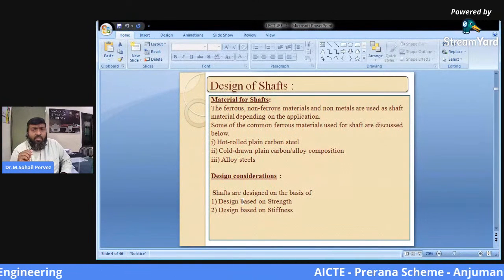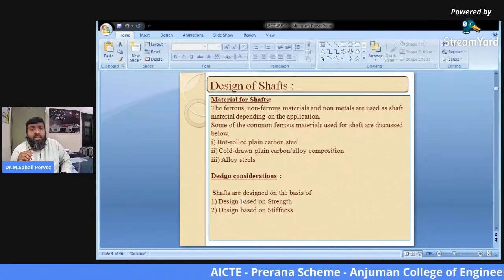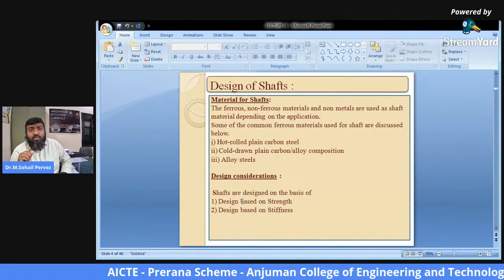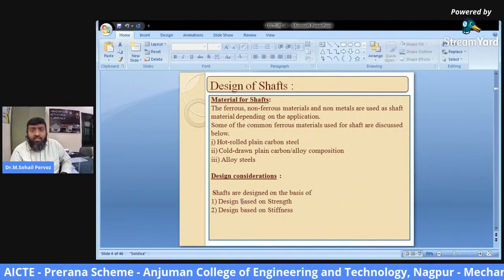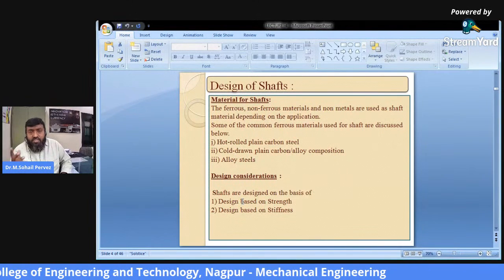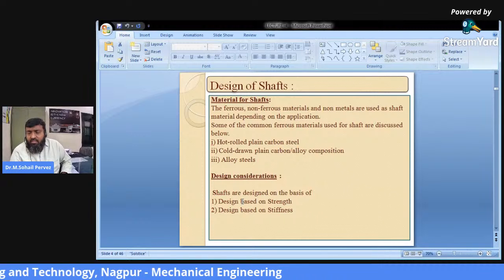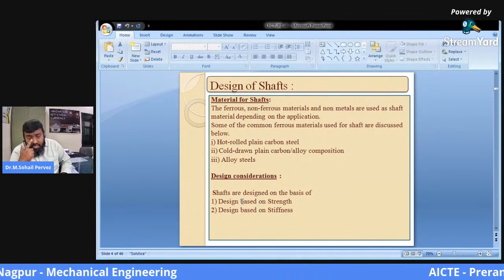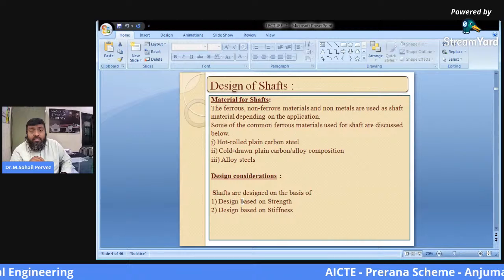There are a number of examples wherein only torque will be acting. Now take the example of railway axles, where only bending will be acting because friction is very minimum, so we can directly take that it may bend.